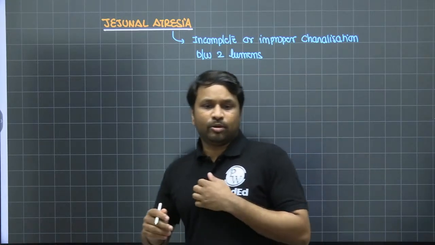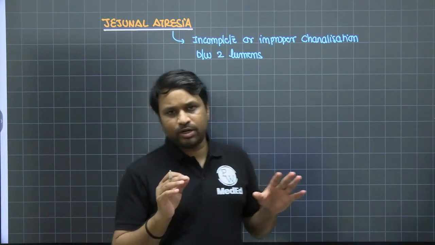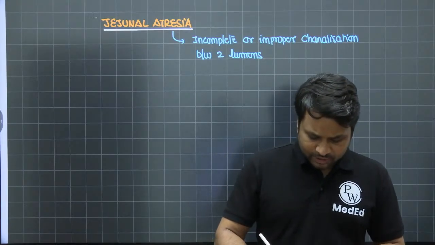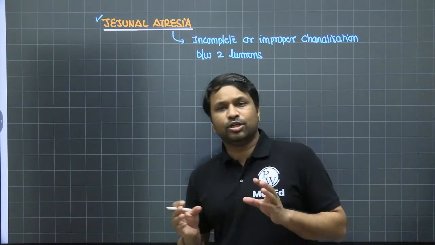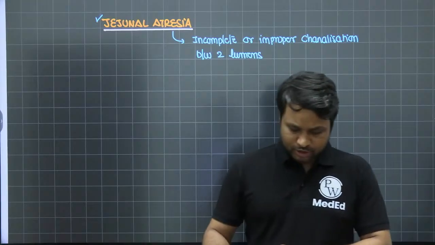That is what we call an atresia. And if it occurs at the site of the jejunum, this will be called jejunal atresia.